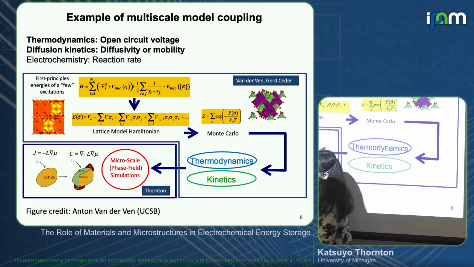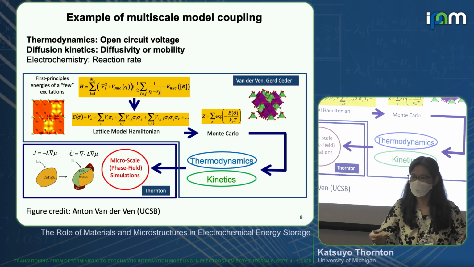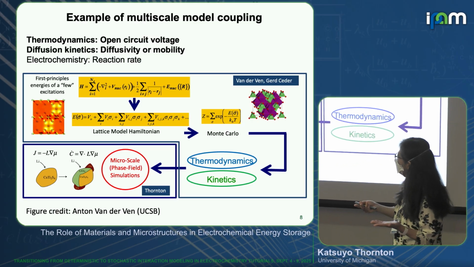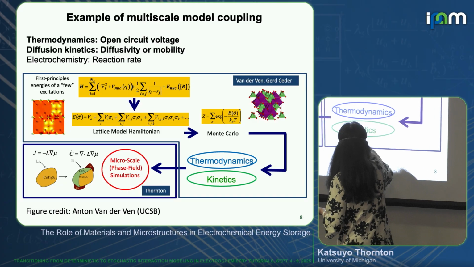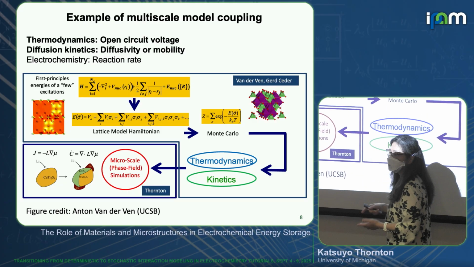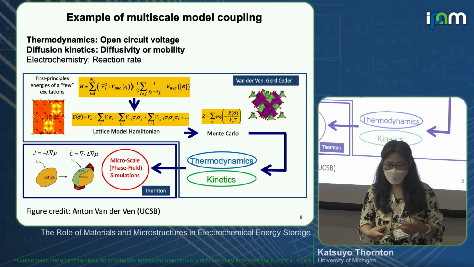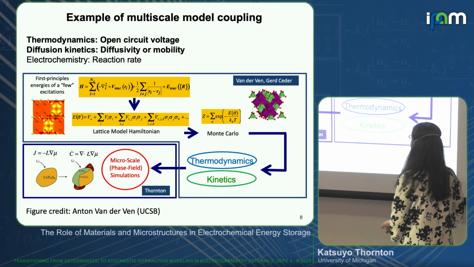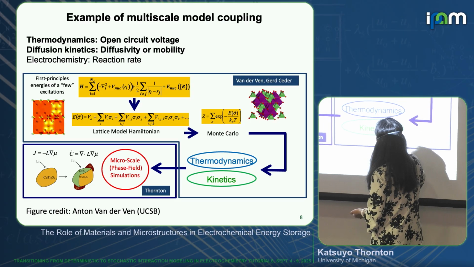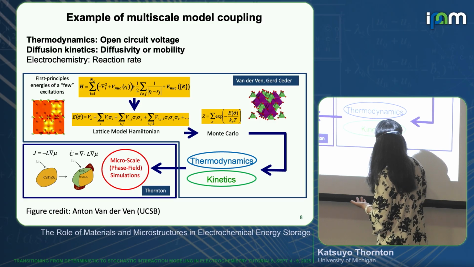These occupation numbers are related to how many of the lithium sites are occupied. So you can actually calculate things like the free energy of the system, and once you have the free energy, you can calculate the chemical potential, etc. You can do that with the grand canonical Monte Carlo method.